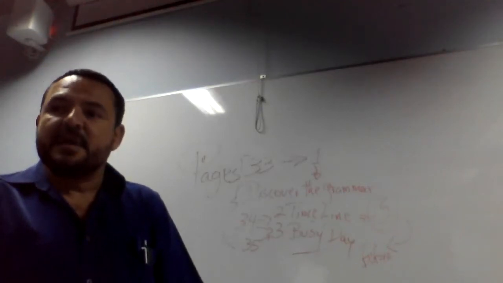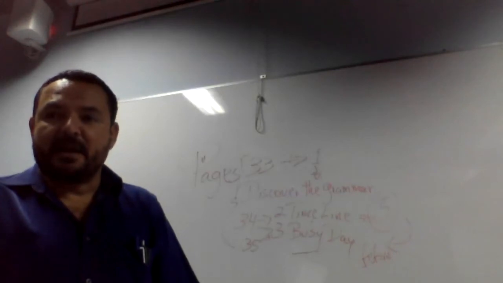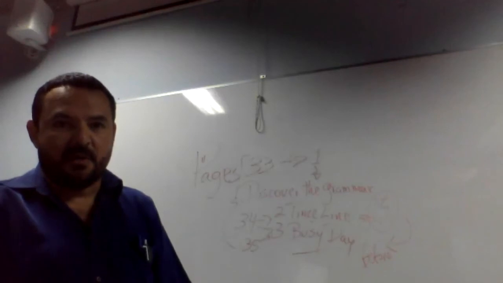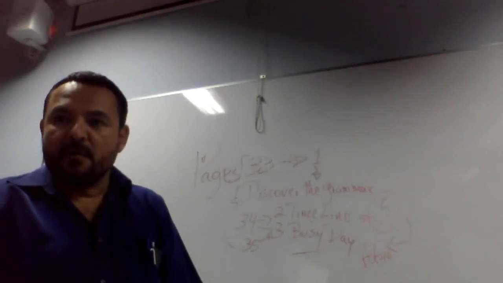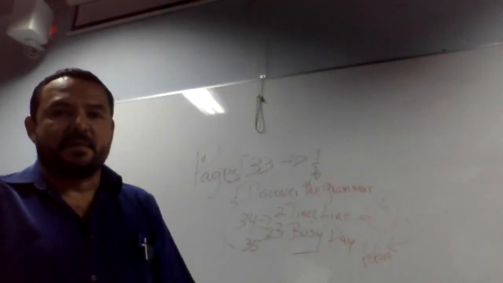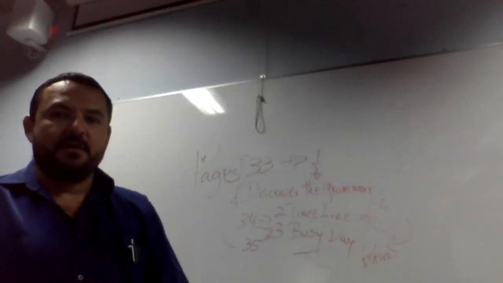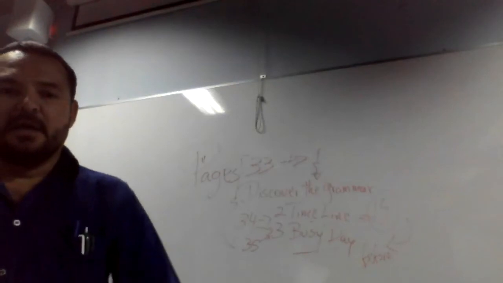O sea, él había entrado a la maratón y lo que estuvo explicando fue acerca de cuando entró a la maratón. So, la explicación no ha terminado. The explanation hasn't finished. Therefore, yes, you're right, it's false.